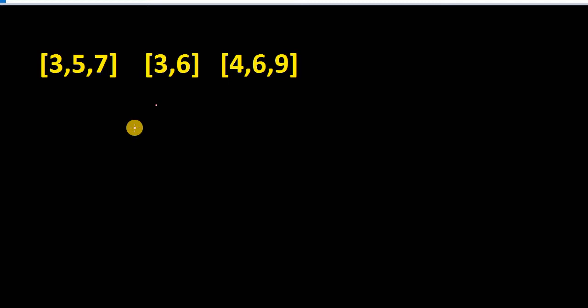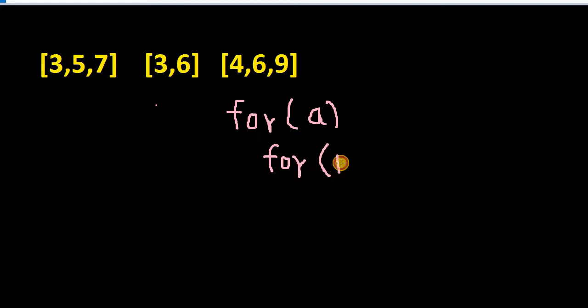One way to find all the triplets is using for loops. Let's use a for loop first for array A, iterating from 0 to the size of array A. Secondly, another for loop for array B, going from 0 to its length, which is 2 in this case.